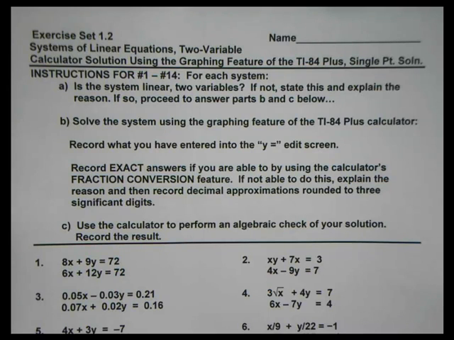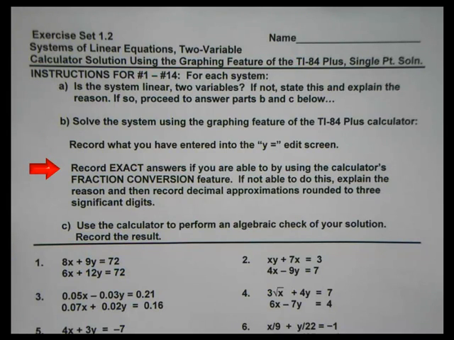Okay, let's take a look at the instructions here for these. Part A, is the system linear, 2 variables? If not, state this and explain the reason. If so, proceed to answer parts B and C below. B, solve the system using the graphing feature of the TI-84 Plus calculator. Record what you have entered into the y equals edit screen.